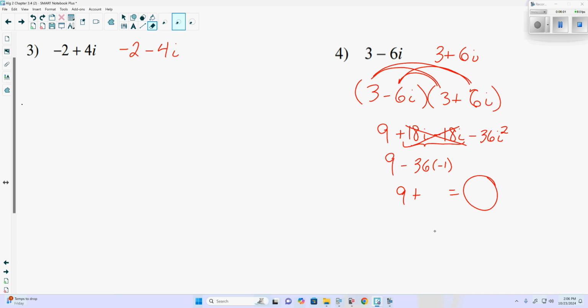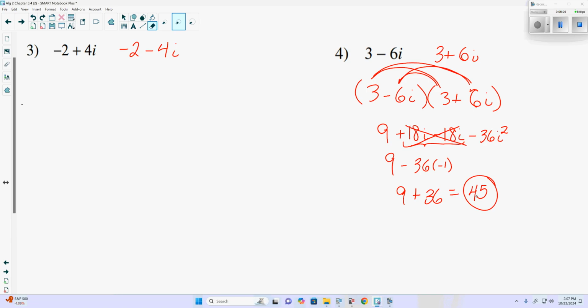And 9 plus 36 is 45. Apparently I spaced out and wrote 45 a step early. I didn't even realize I did that.